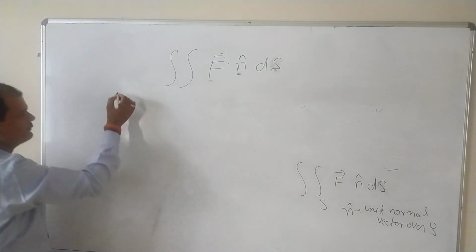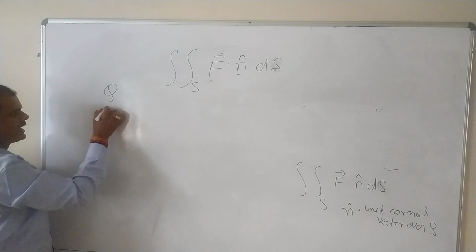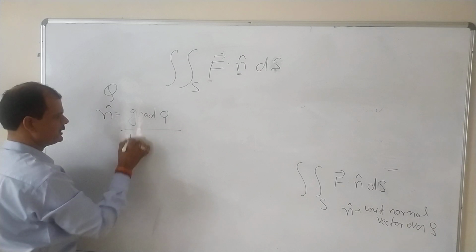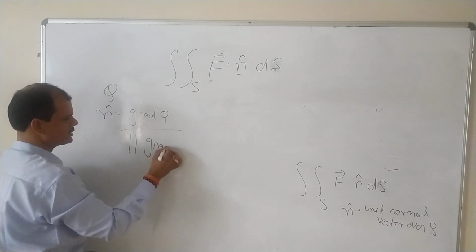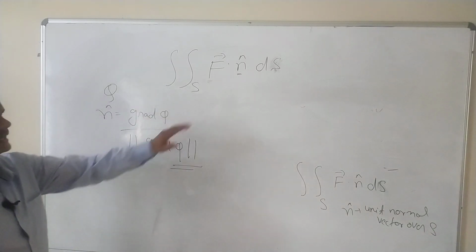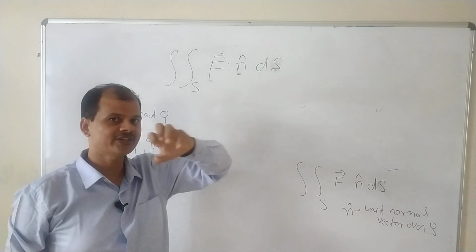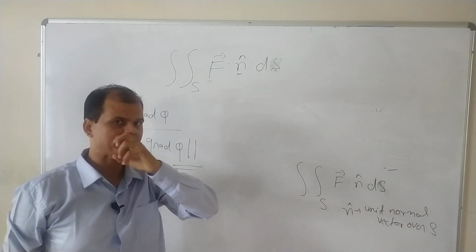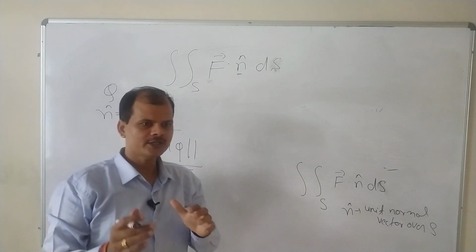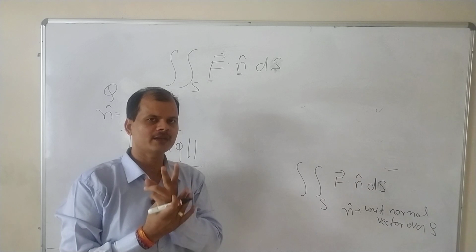It's very simple: if phi is the equation of the surface, then your n bar is the gradient of phi divided by the magnitude of the gradient of phi. Now what is dS? This dS is the 3D picture, and we have this double integration, so we need to find the limits of 2 variables.